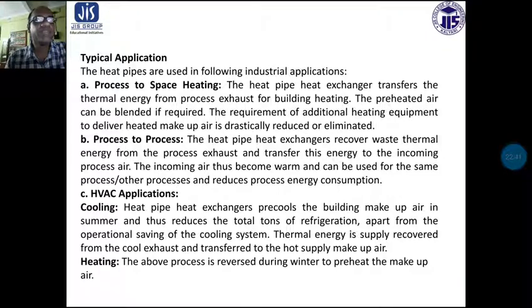So these are the applications of heat pipes, which are a very important part of industrial heat recovery systems.